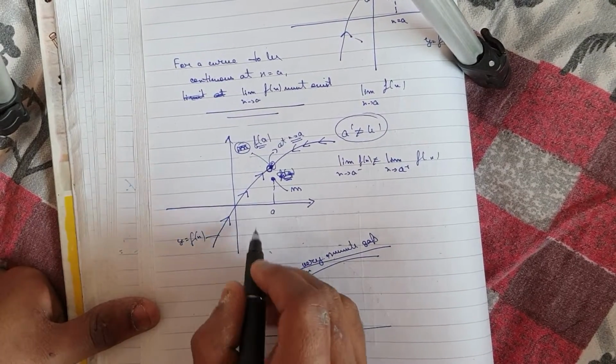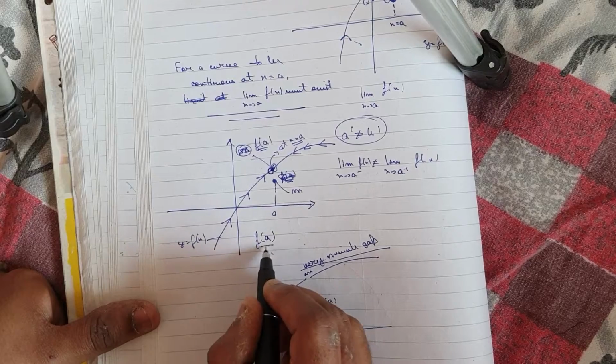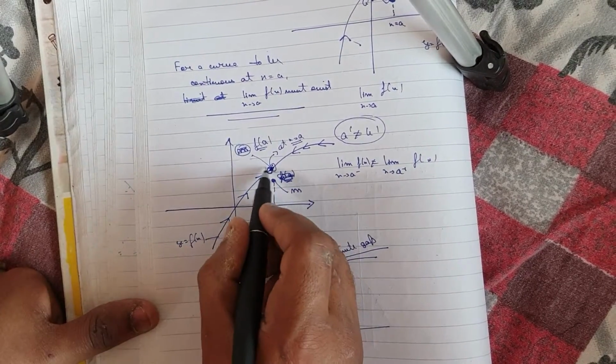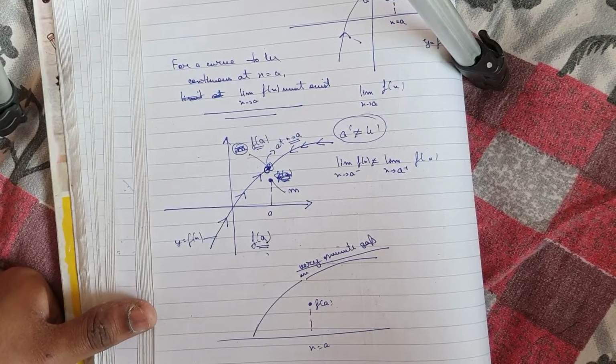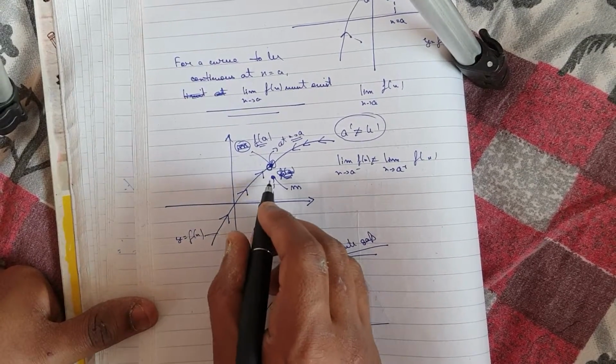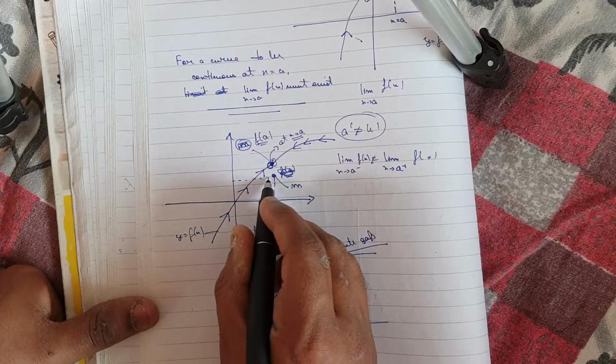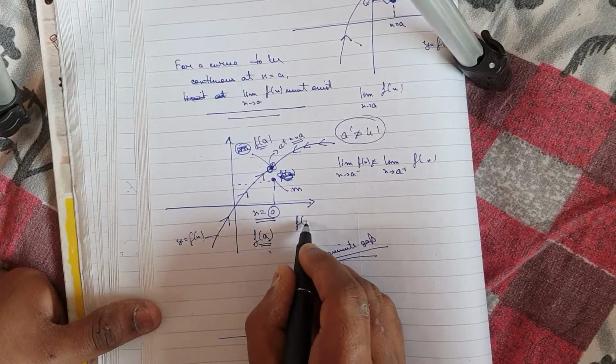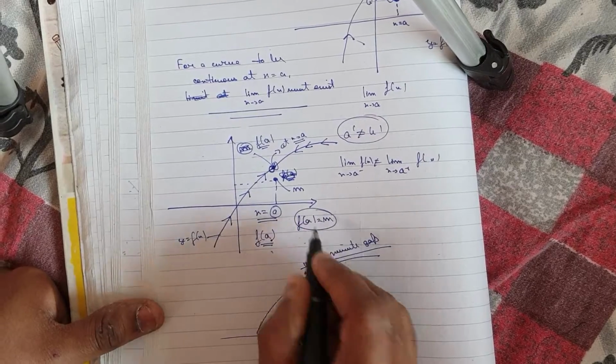But f of a, the actual value, is not defined here. There is a slight gap, because we have said that when x is equal to a, then fa is equal to m.